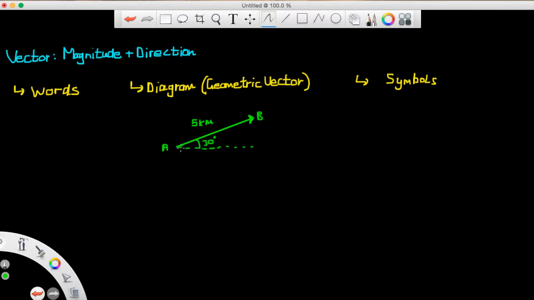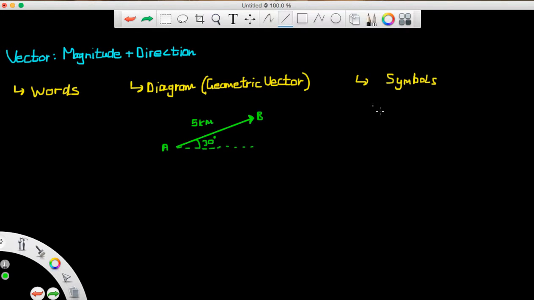One key thing you do have to remember is that the length of the line represents its magnitude or size. So for example, if this length was to represent 5 kilometers, then this length could represent 10 kilometers.